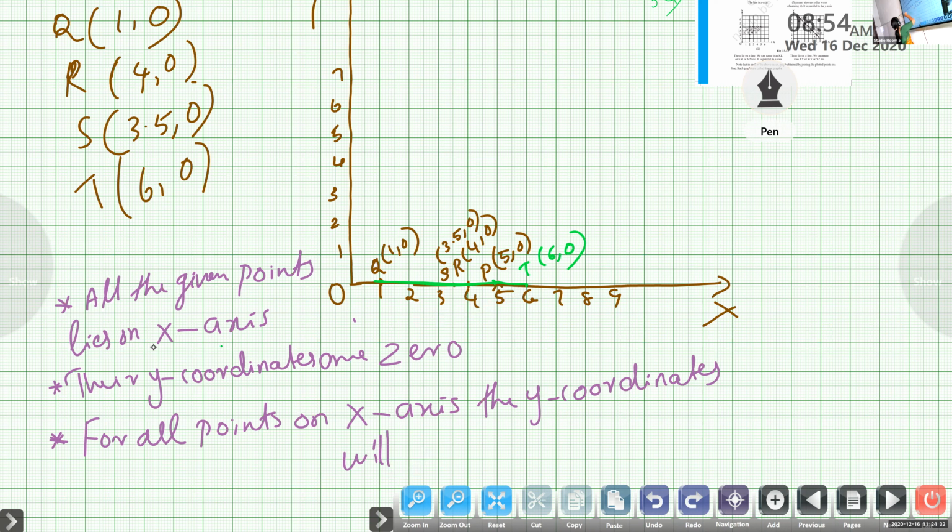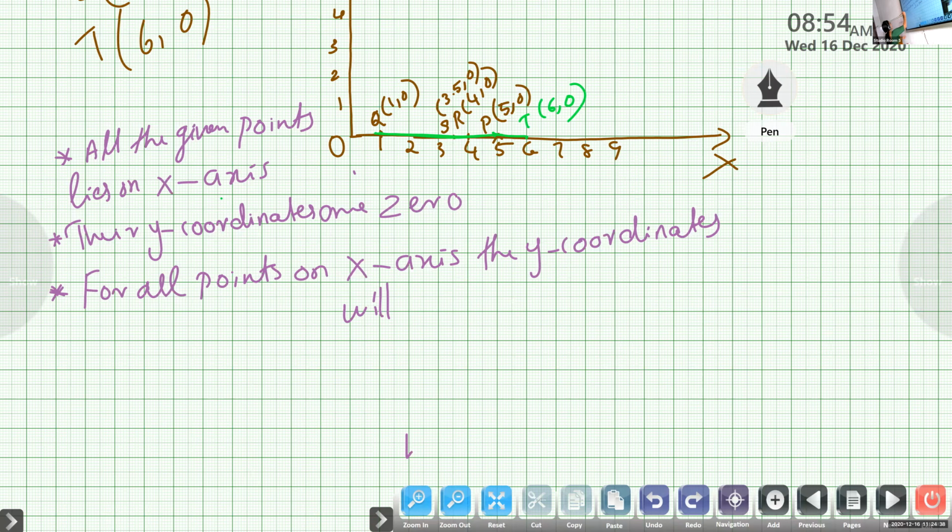Highlight it using some other color. Very important point. This is also a very important point.